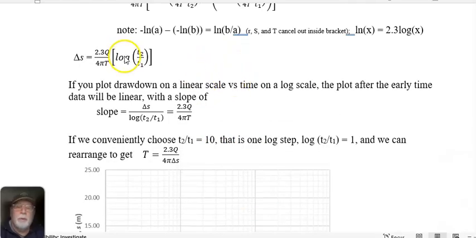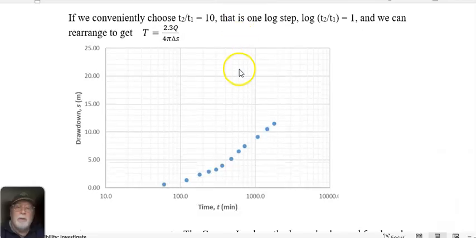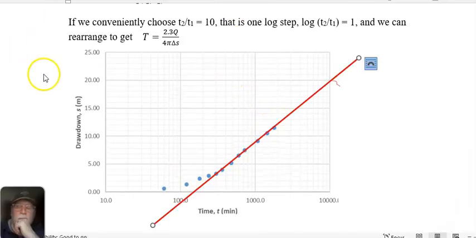If you look at this equation and you think about it, if you plot the drawdown on a linear scale versus time on a log scale, after early time you'll actually get a straight line portion there.